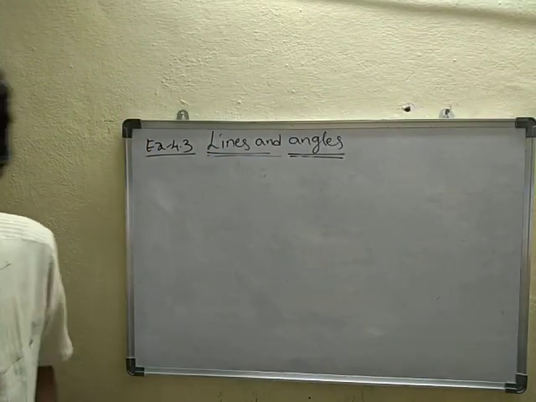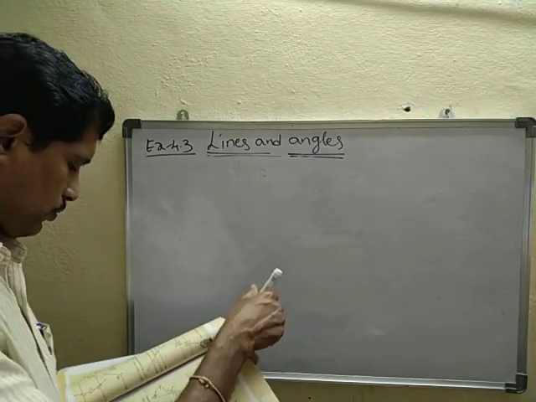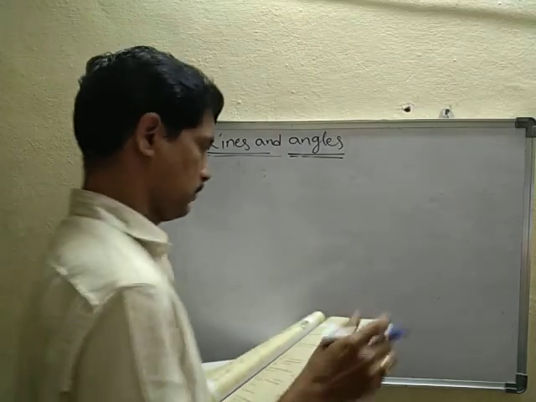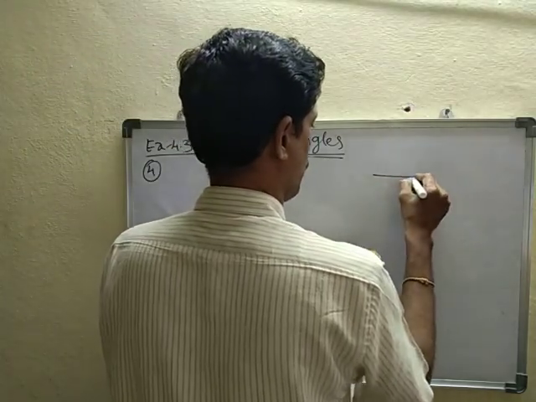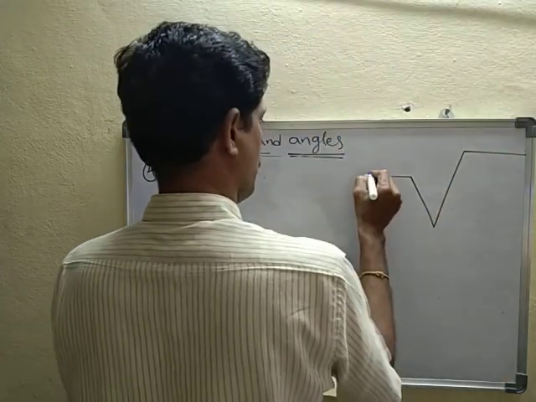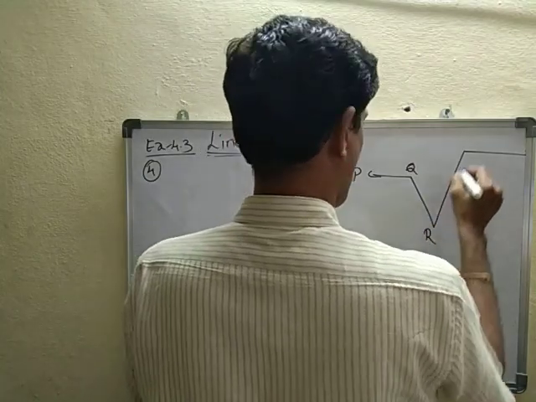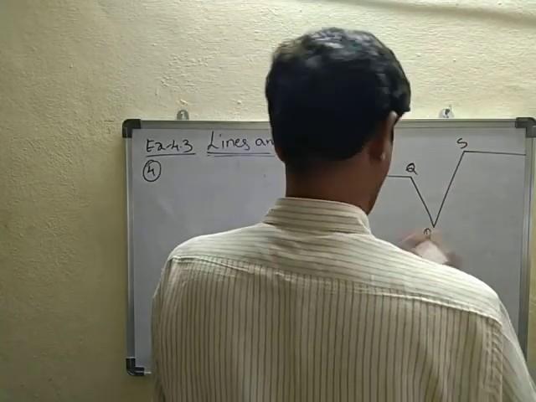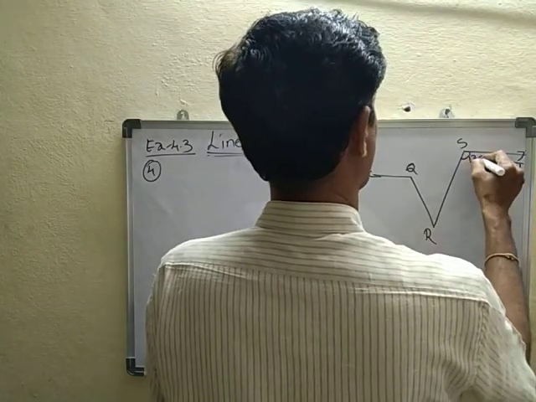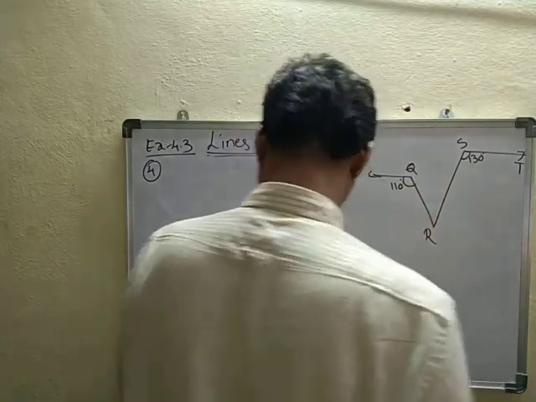Next question. That is fifth question, fourth question. PQR, ST, 130 degrees, 110 degrees.